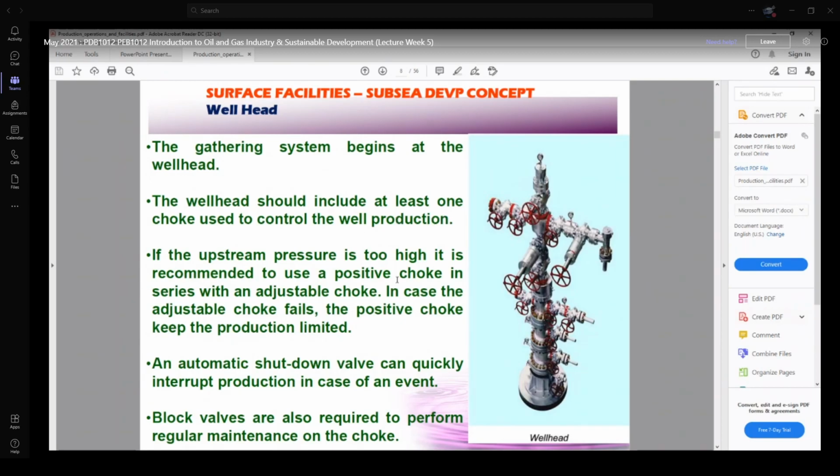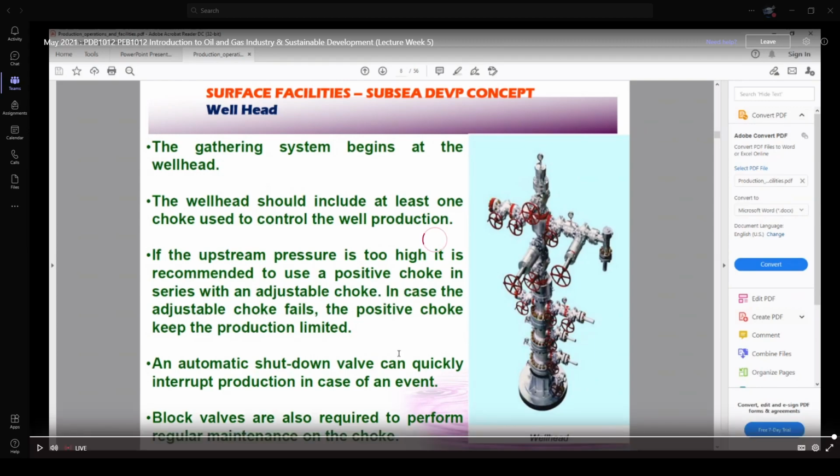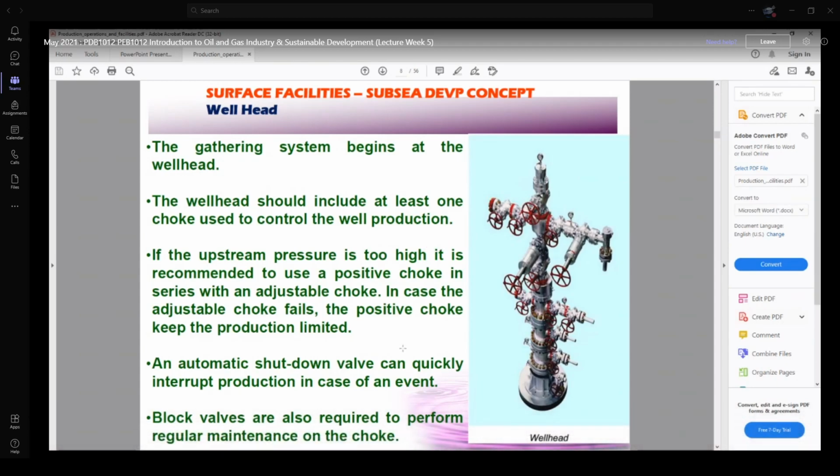If the upstream pressure is too high, it is recommended to use a positive choke in series with an adjustable choke. In case the adjustable choke fails, the positive choke keeps the production limited, right?